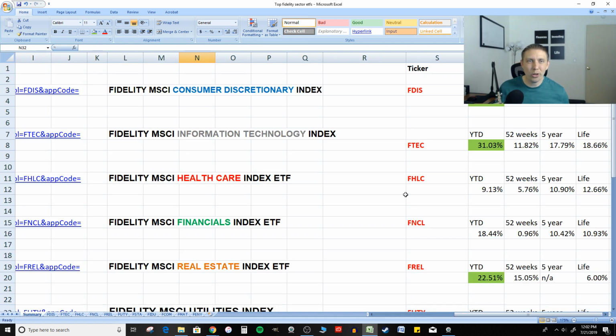Last thing I want to point out real quickly is the Healthcare Index ETF. I've noticed they've lagged a little bit. They usually do better, and over the past 52 weeks or the past year, they've only gone up about 5%. But be looking at that, because I think there's a lot of growth potential in the future for the healthcare index fund. I think what holds it back is there's still a lot of uncertainty with how insurance is going to play out.